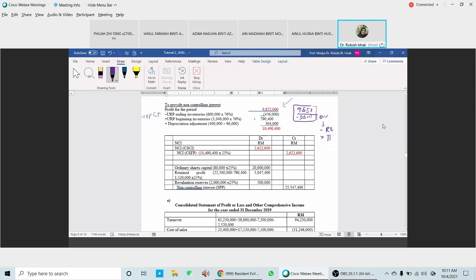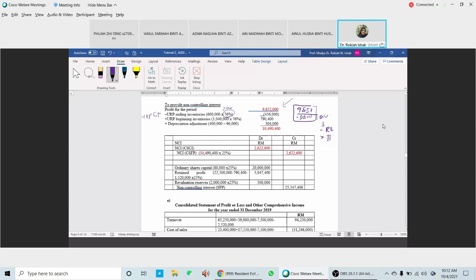The URP carry forward should be net after tax, so we multiply by 76%. So the URP carry forward 600 times 76% gives 456.